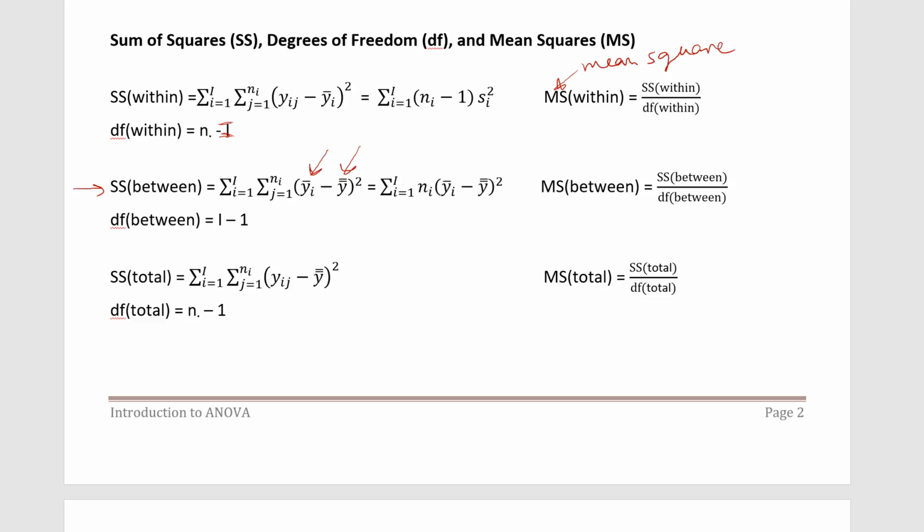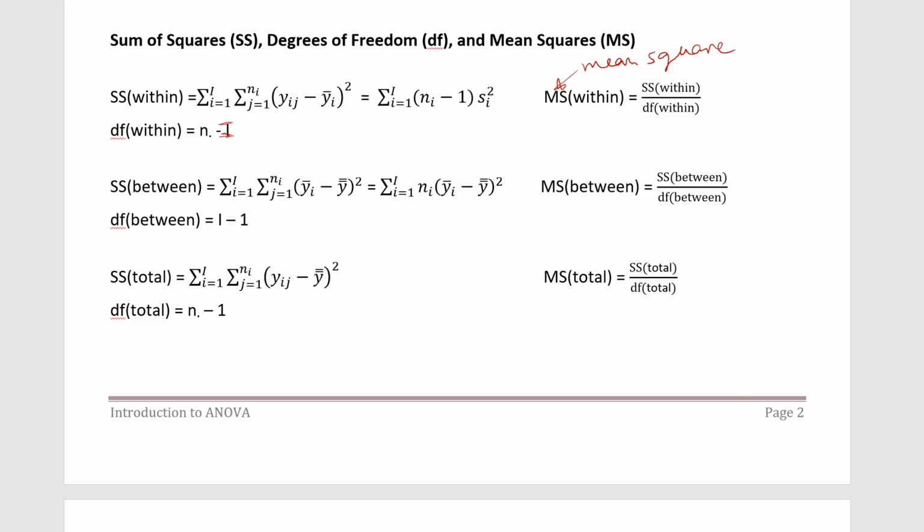The sum of squares between is looking at the variability from each sample mean to the overall mean. So sum of squares between looks at how the groups are shifted from each other. Sum of squares within just asks how those observations are shifted from their sample mean within a group.